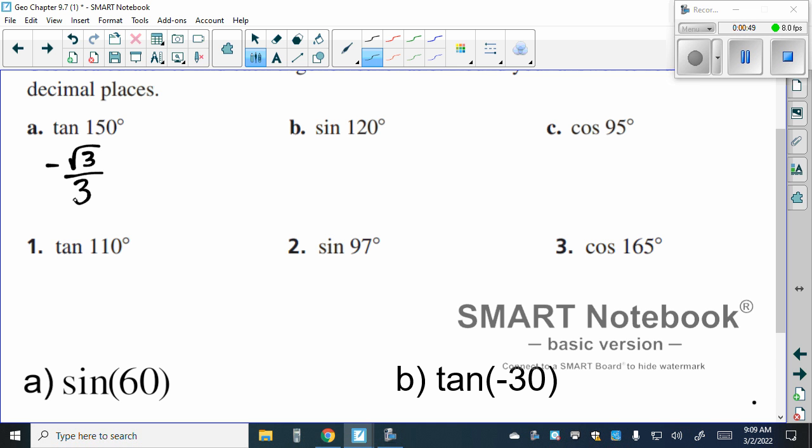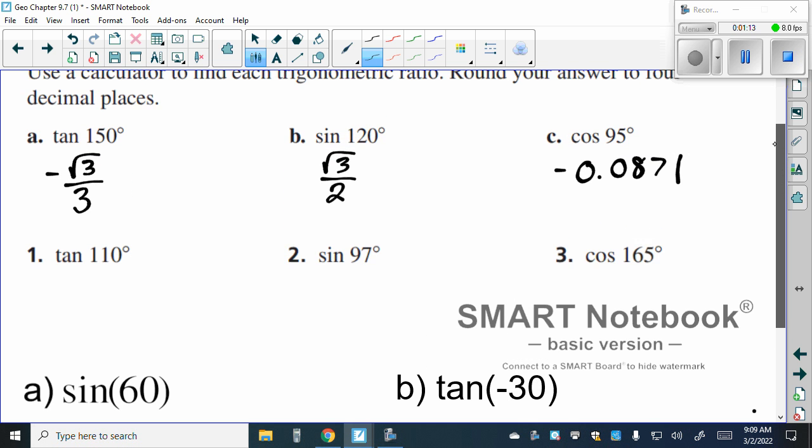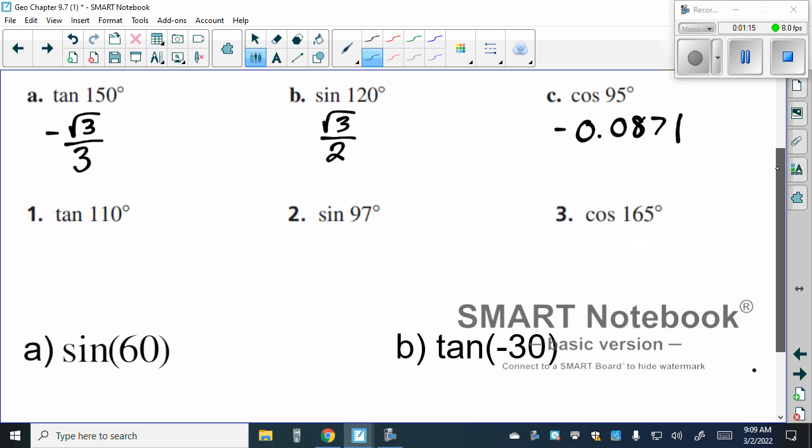And if we did sine of 120, then we could do cosine of 95, which would give us 0.0871. Okay? And we could do this with all these here, because we could do tangent, cosine.